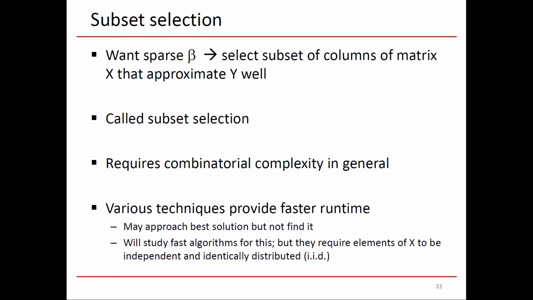However, they require the elements of the matrix to be independent and identically distributed, IID. In some applications, that's a realistic assumption. In other applications, it's very far from the truth. So in a nutshell, under some assumptions, you can do well for subset selection. Under other assumptions, you'll pretty much be running heuristics.